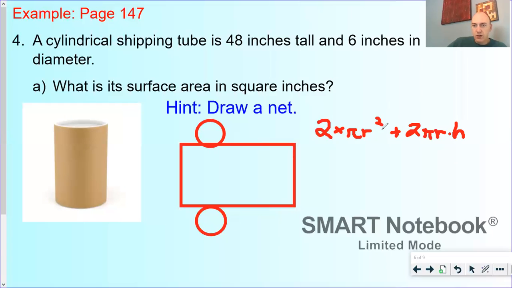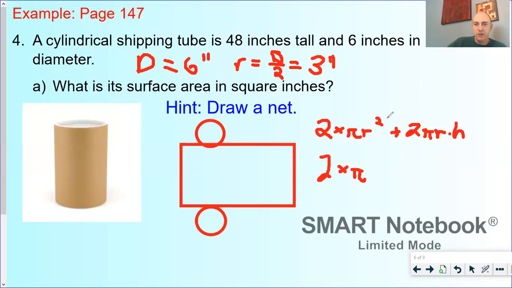So with all these numbers now, we have 2 times pi times the radius of this circle. What's the radius of this circle? When we have a 6-inch diameter, then our radius equals diameter divided by 2, because radius is half the diameter. So it's going to be 3 inches. 6 divided by 2 is 3.